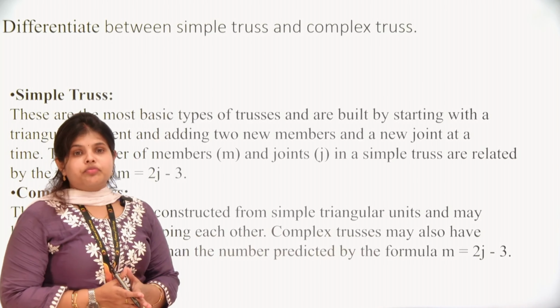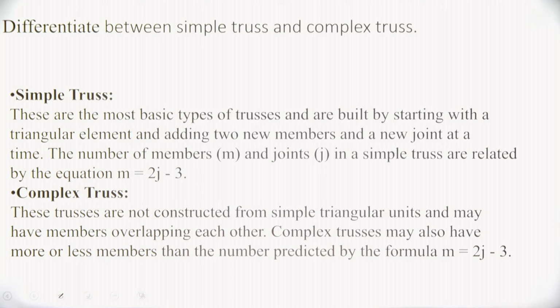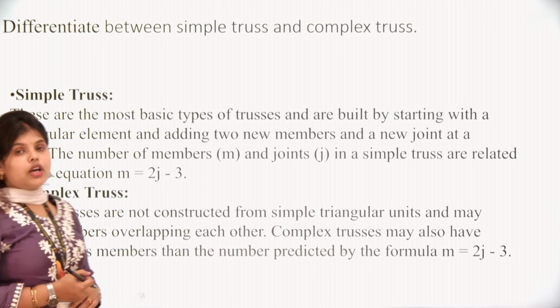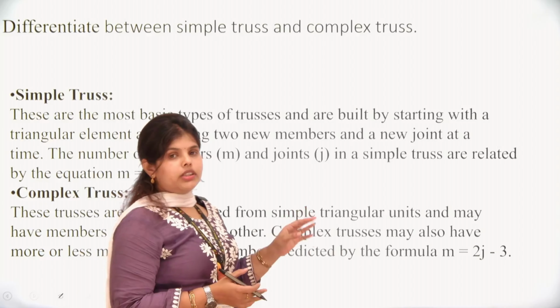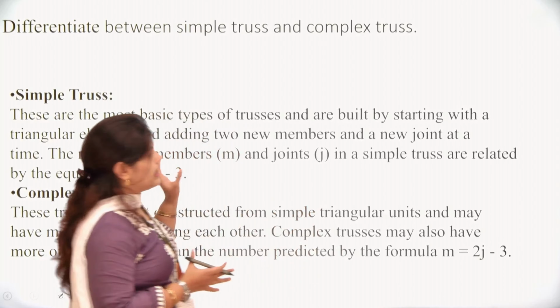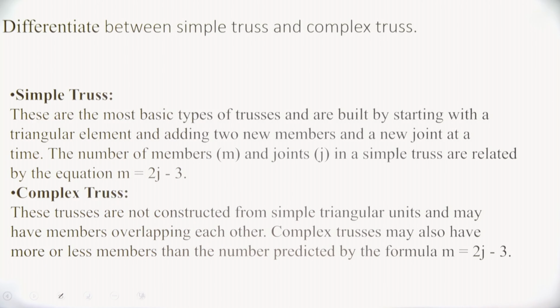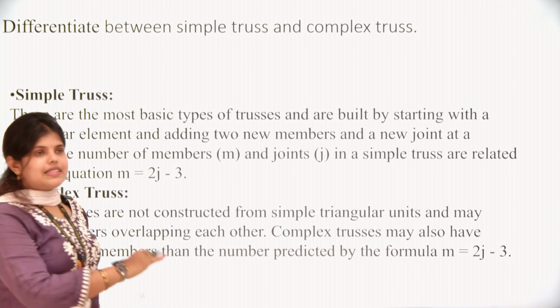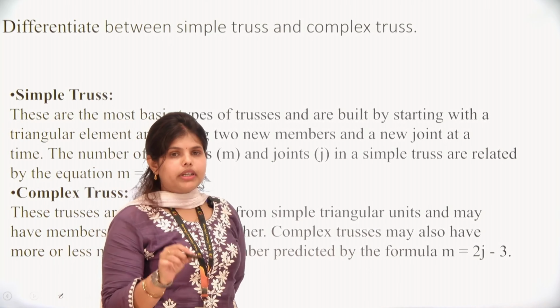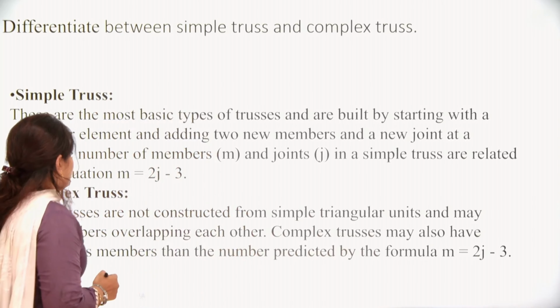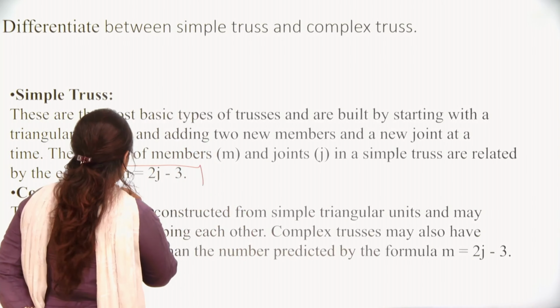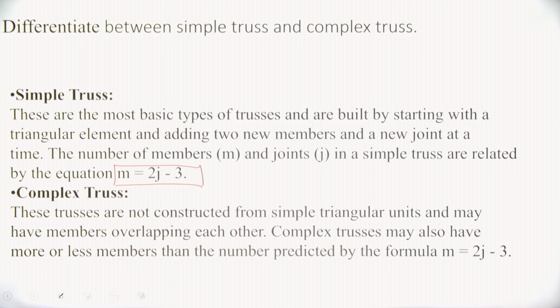And here, differentiate between simple truss and complex truss. We all know this, but we generally do not define this. So what is a simple truss? A simple truss generally consists of members and joints. In the case of a truss, we generally need two things.